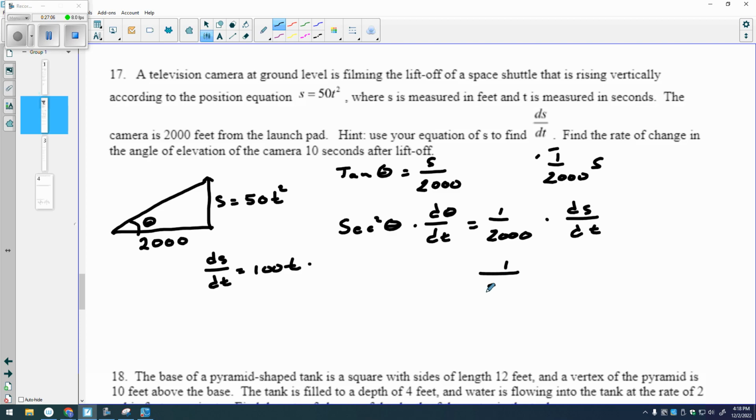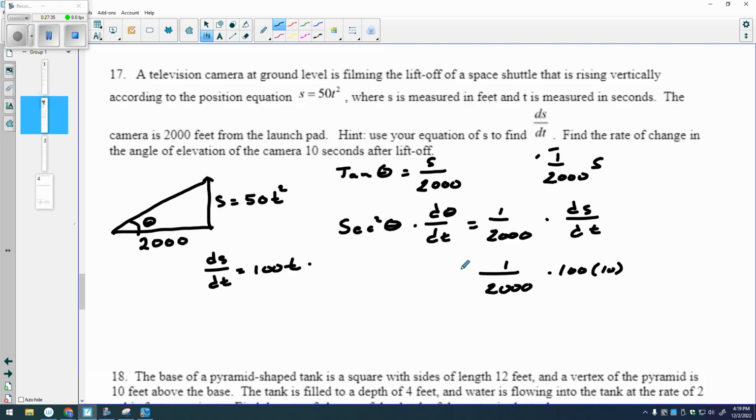So 1 over 2,000 times, plug in 10 for t, because it's 10 seconds after liftoff. Whoops, 10, not 100. Okay, work it out, and I get 1,000 over 2,000, so 1/2.